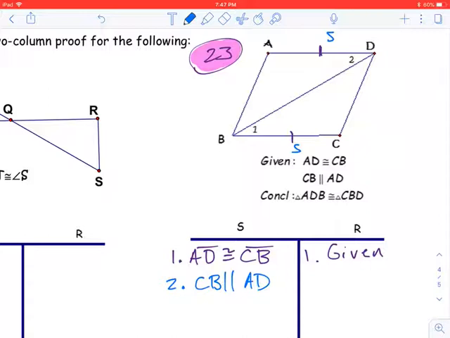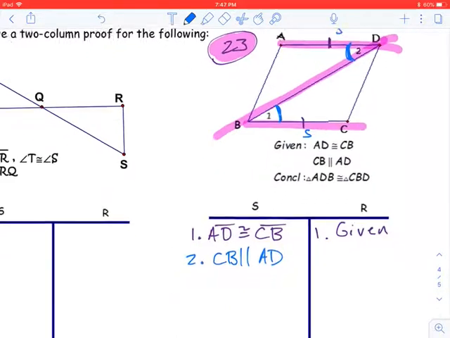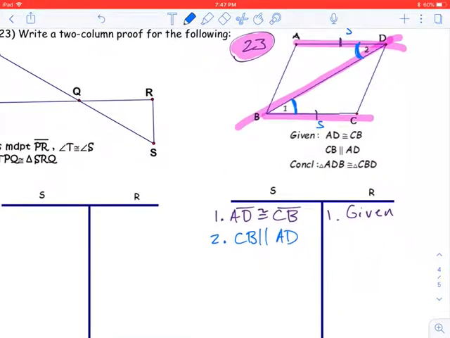So if these two are parallel, that makes this a transversal. Okay, so what we have is angle 2 and angle 1.